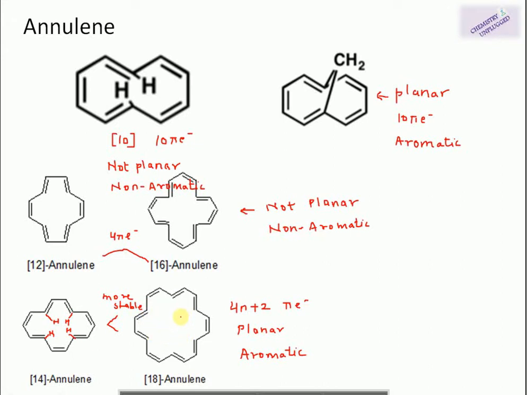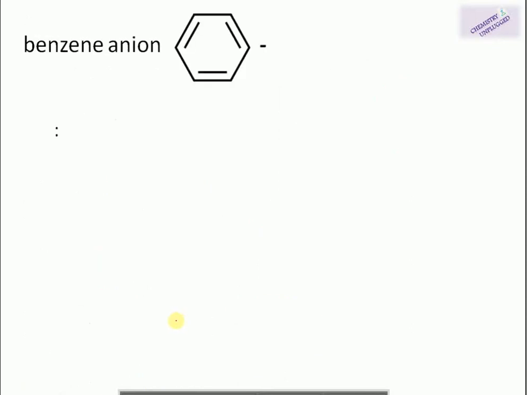Then we have more examples of this. We have the cyclopropenyl anion, and we have to identify whether it is aromatic or not. Because of the presence of this additional lone pair of electrons, we may think that this is an anti-aromatic system because it has 8 pi electrons.